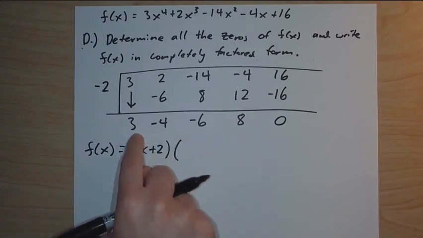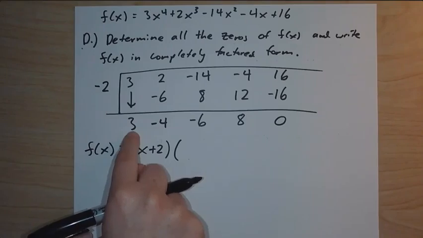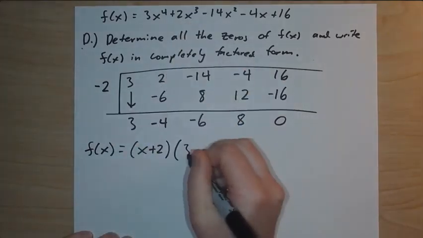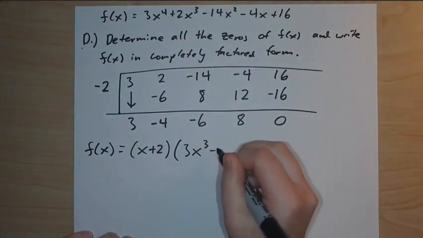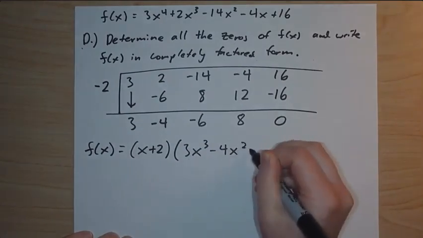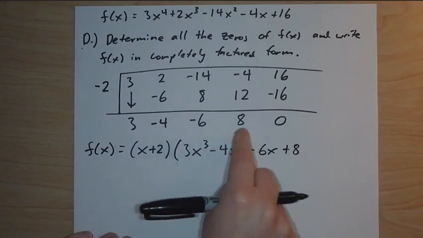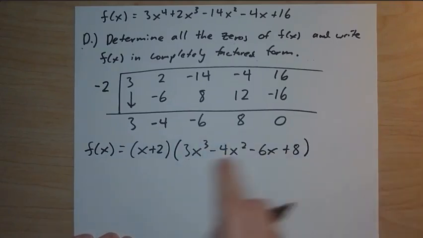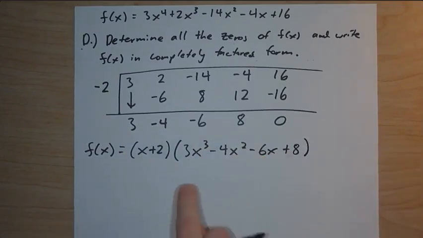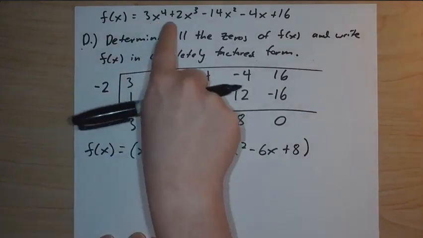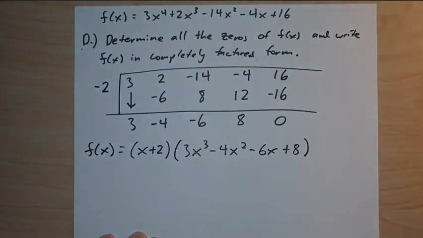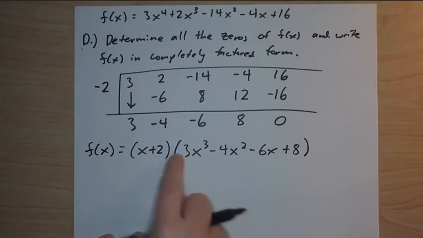So we took out an x, so this is going to start with 3x to the third power. Minus 4x squared minus 6x plus 8, using these coefficients here that we got. So this is what we're actually doing. We're taking out x plus 2 from our function here, and then we got this as a remainder essentially.